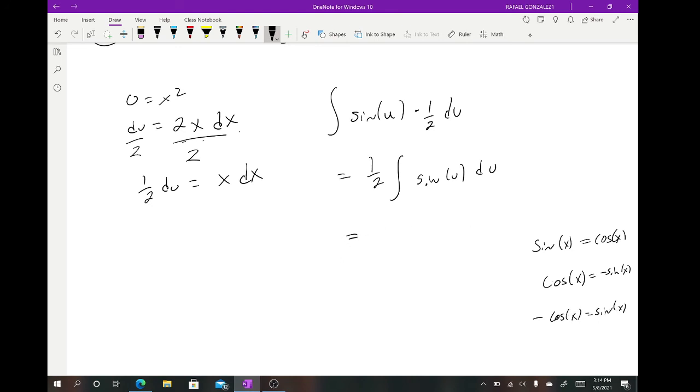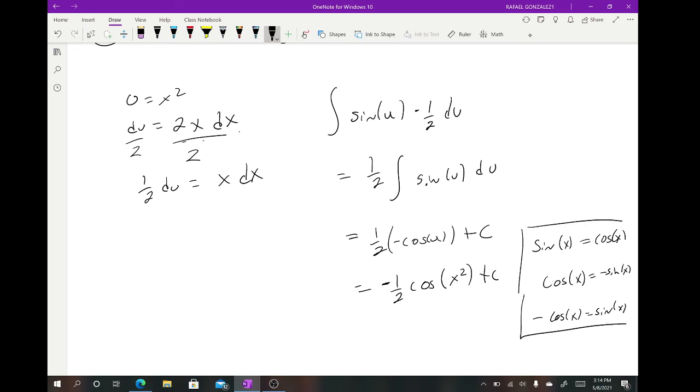So I have 1/2 times the antiderivative of sine of u, which is negative cosine of u in this case, plus c. But I know what u is. u was x squared, so I just substitute back in. So this is equal to negative 1/2 cosine of x squared plus c. And that will be the solution.